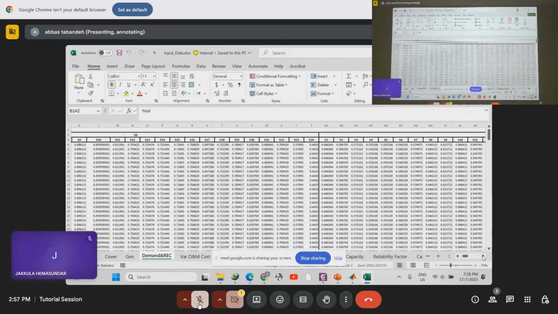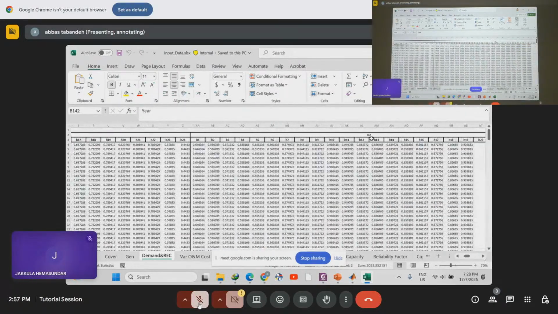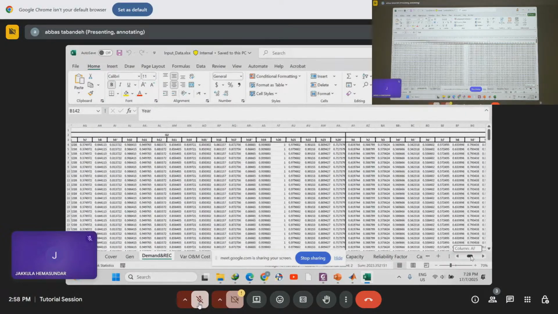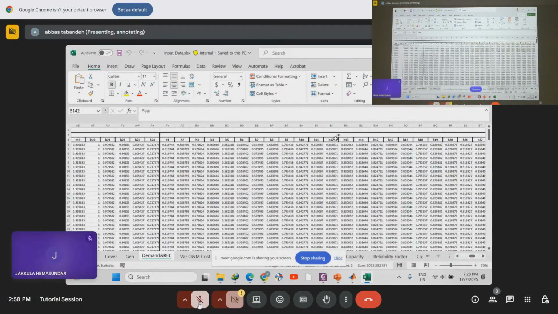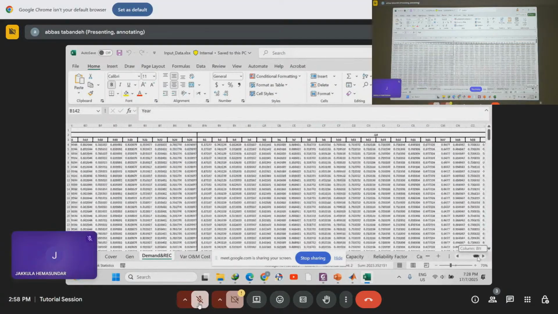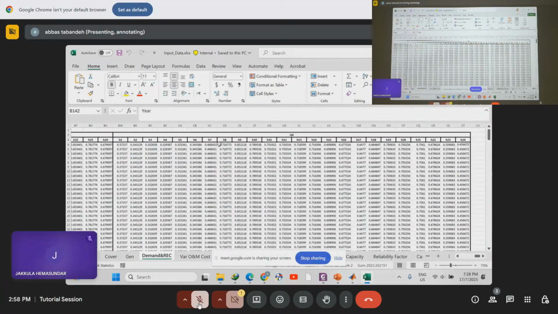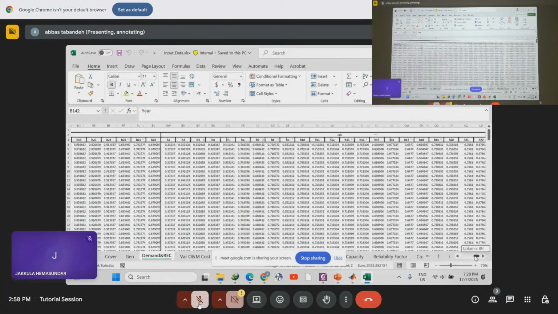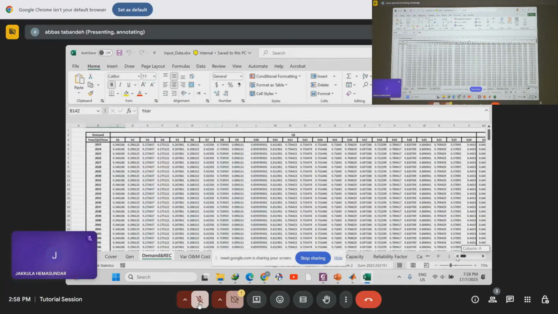Same again, another day for the second quarter, and quarter number 3, and then quarter number 4. So we have considered 4 seasons in our problem and model.